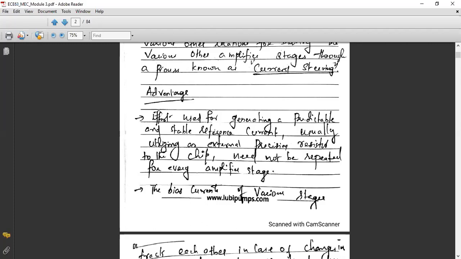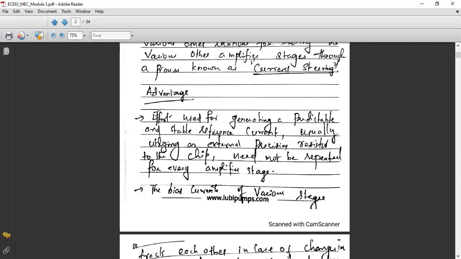I have designed a circuit for one amplifier stage, but the second amplifier also needs the same current. It doesn't mean that I will use a different current mirror circuit for the second one. We are not going to use different biasing techniques for different amplifiers inside the same IC; instead, you will perform this current steering.